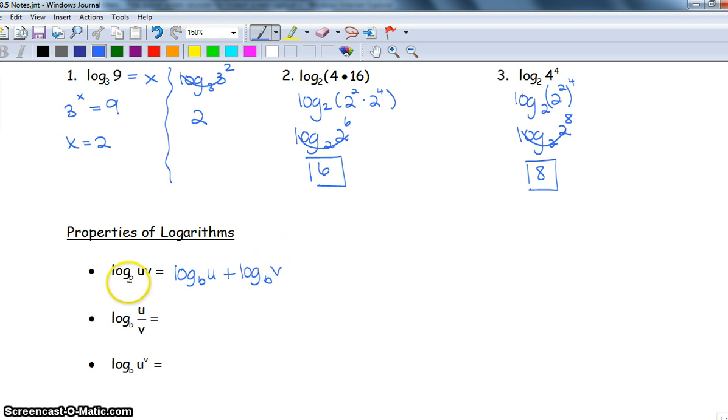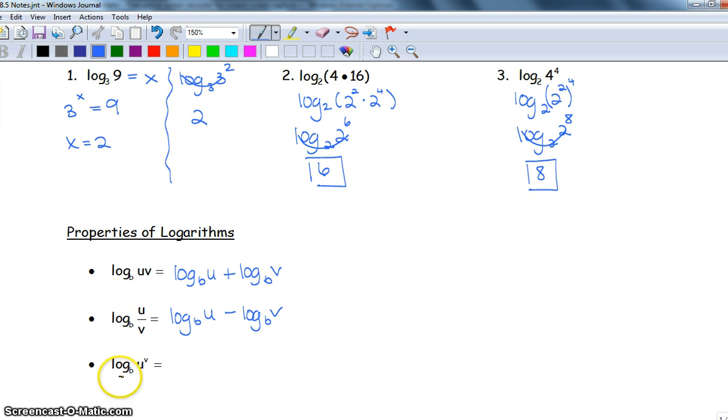So log base b of u times v, if I expand that and break it apart, it comes from log base b of u plus log base b of v. So multiplication gets transformed into addition. If I've got division, when I break that apart, it's going to be separated by subtraction.